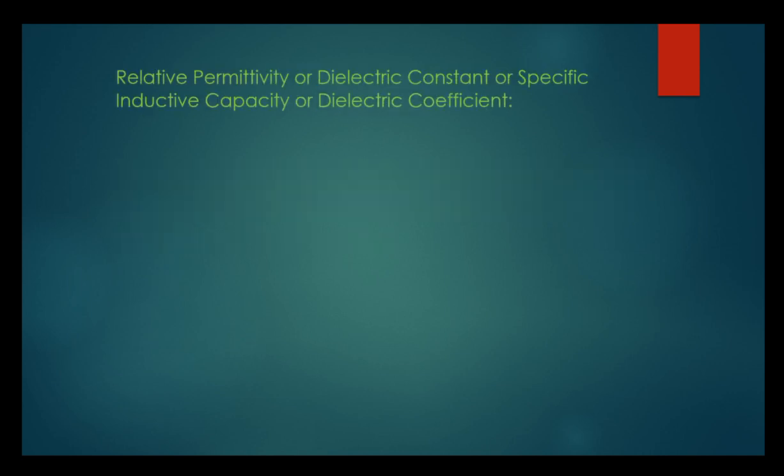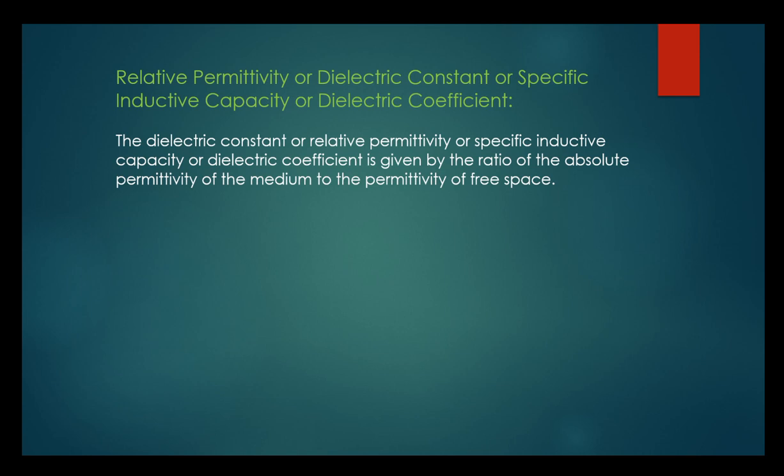Now we want to study relative permittivity or dielectric constant in a bit more detail. The dielectric constant, relative permittivity, specific inductive capacity or dielectric coefficient, the four names of the same thing, is given by the ratio of the absolute permittivity of the medium to the permittivity of free space, as we have studied.